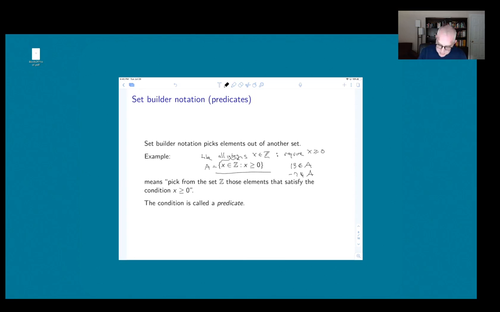A famous example of that goes back to a question like, I mean, a perfect number, this is just a little side example. A perfect number is an integer n which is equal to the sum of its proper divisors.